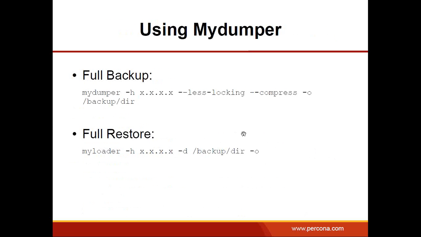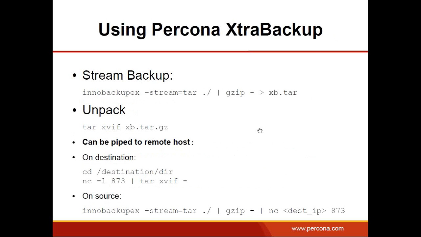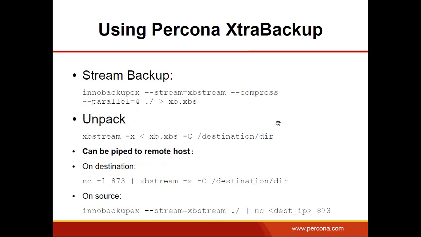For streaming, there are two options. One that we see here, stream equals tar, is the most simple one. But we have another option that is xbstream. xbstream is another binary where this is piped between, that will allow us to compress and do this backup in parallel.